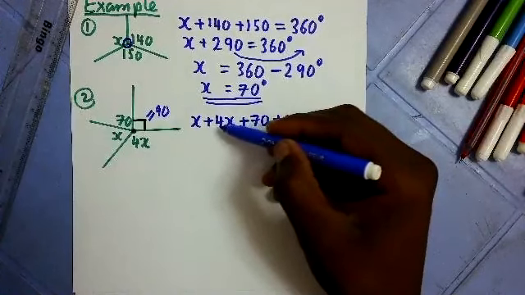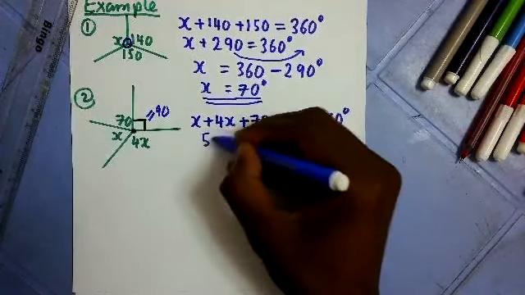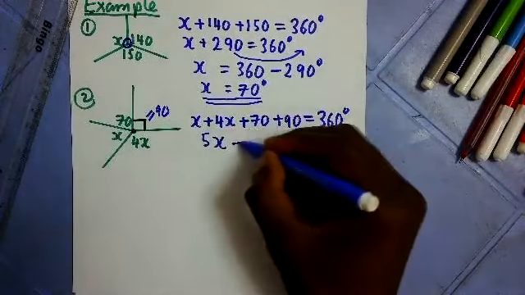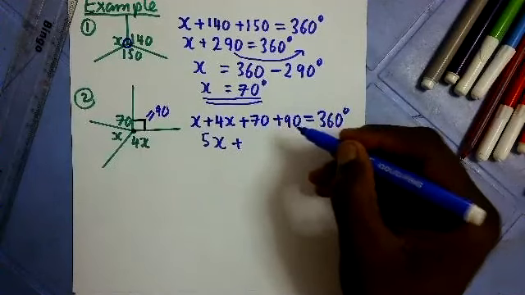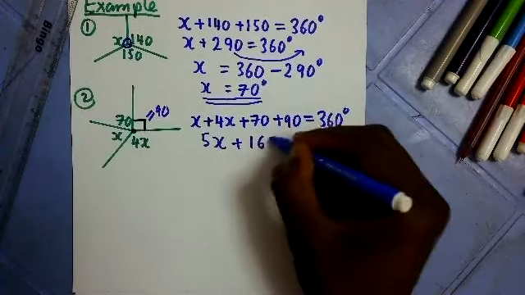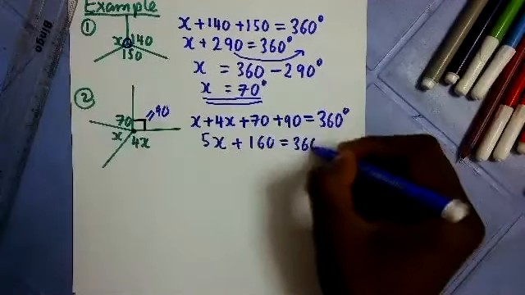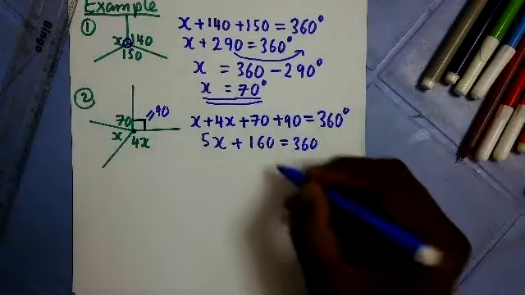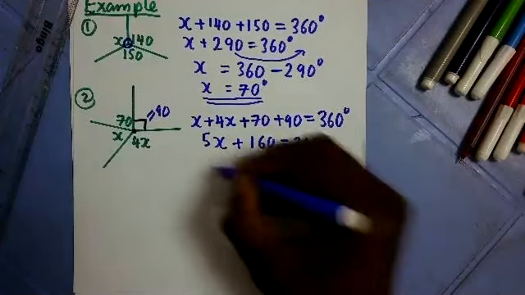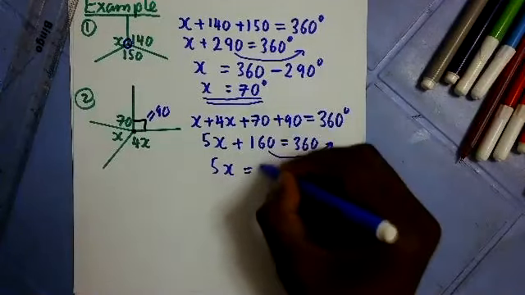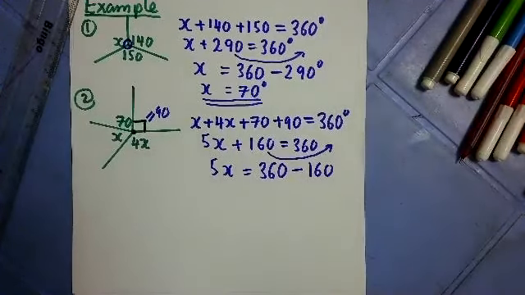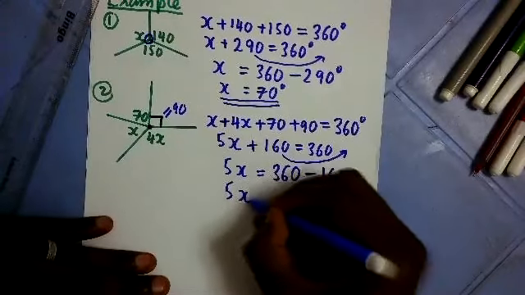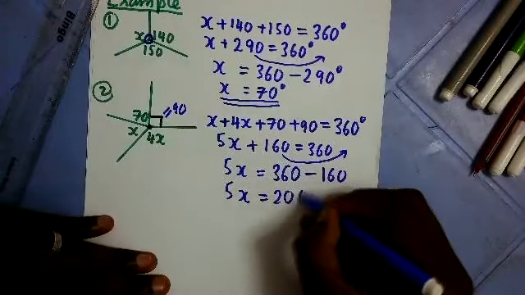These two are like terms, so I get 5x plus 70 plus 90, which gives me 160 degrees, is equal to 360. Now I collect like terms again. So I'll have 5x is equal to 360 degrees minus 160 degrees. Then I get 5x is equal to 200.